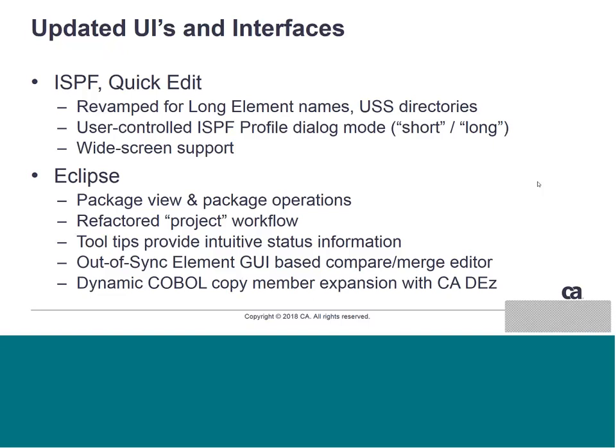Then you can go right from that plugin and view the element listings and other objects to see what's going on. We've also added with the Eclipse UI a distributed version of the Parallel Development Manager options, so that you can use Eclipse-based capabilities to do compare and merge. People who are familiar with that will be very happy to see it.